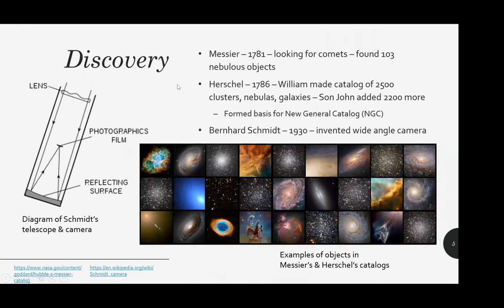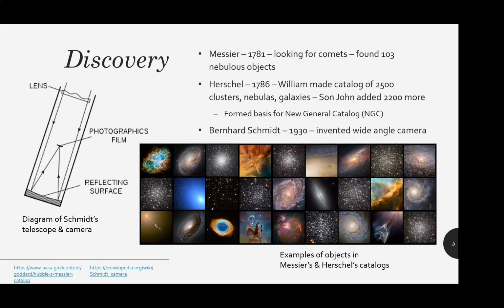So in the early days of modern astronomy, after say 1750 or so, a hot topic at that time was looking for comets. Charles Messier was an 18th century French astronomer, and that was his main goal in his career.